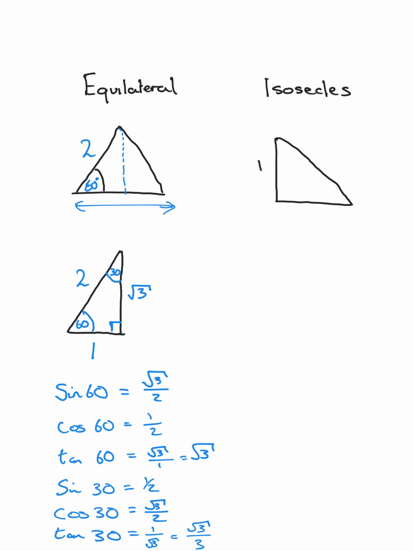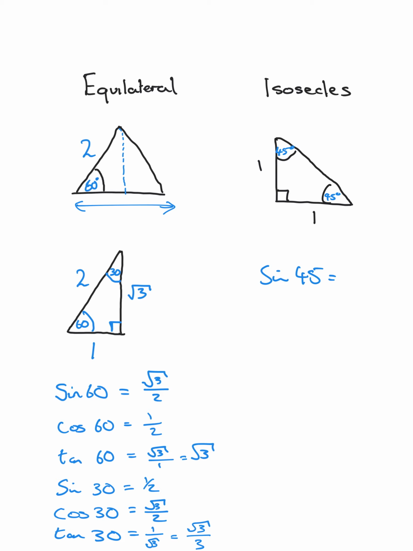I'm going to call this a right angle, which means both of these are 45 degrees, 45 degrees. Okay, so there is only one angle on this one that we can use, so we're going to use the sine of 45.